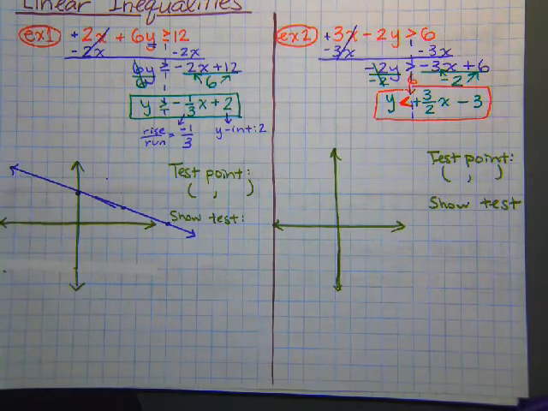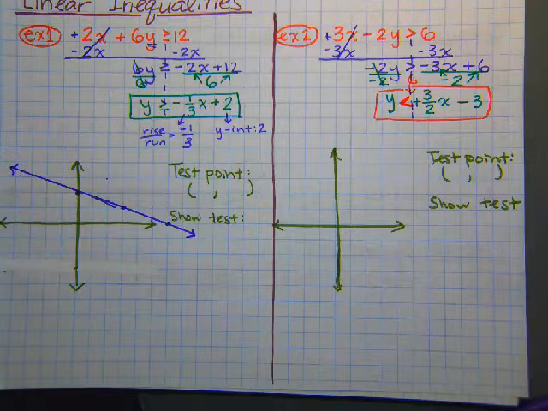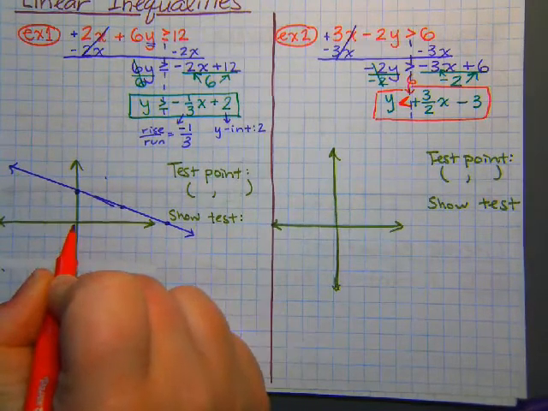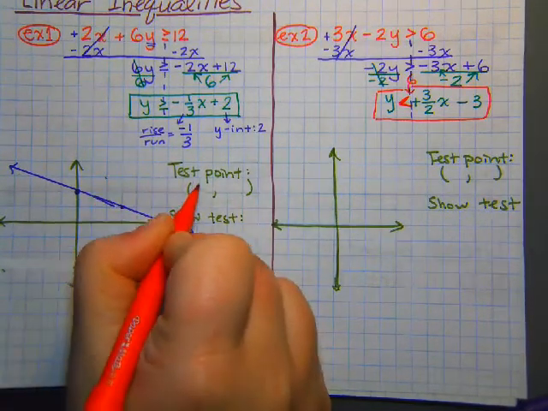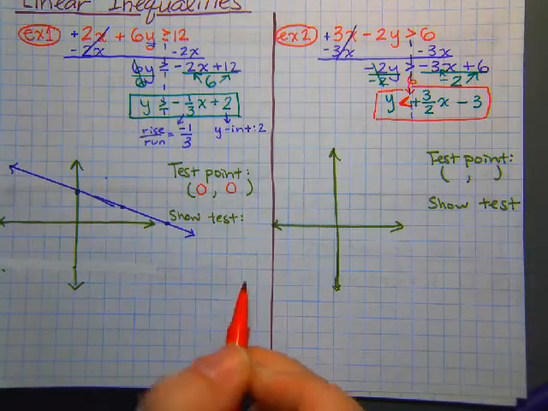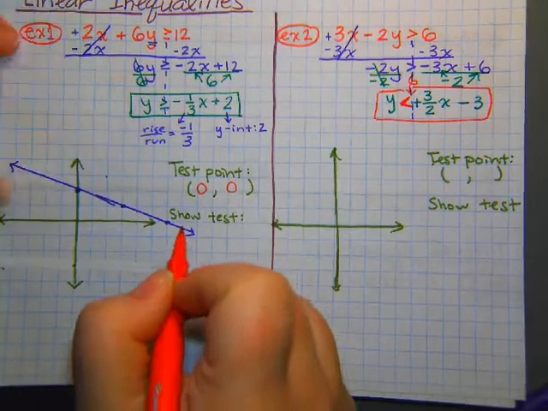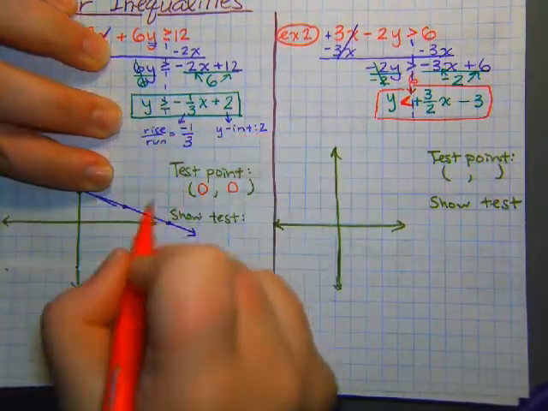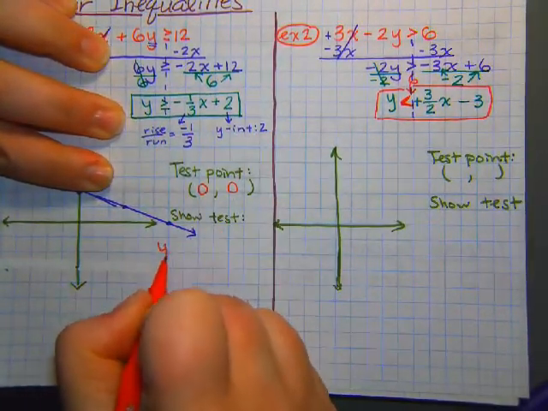So we pick a test point, and if you remember from the Shade It music video that I showed you from YouTube, it's always best to pick 0, 0 as long as it's not on the line. You should never pick a point on the line. And look at that, 0, 0 right here. The reason we love 0 is because anything times 0 is 0. Okay, so what I'm going to do is rewrite this down here because I want to show that I'm testing it.